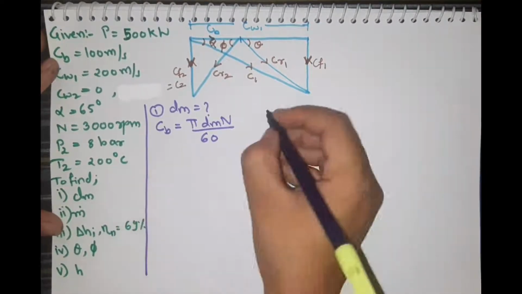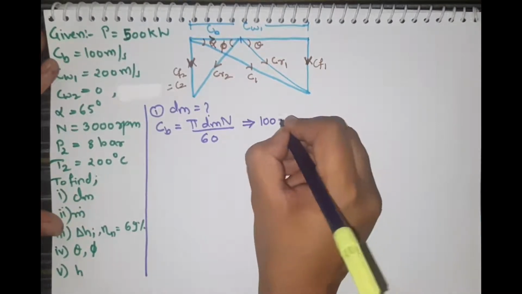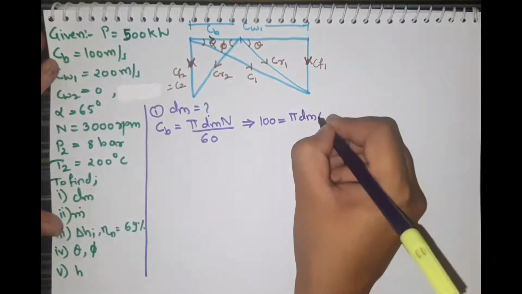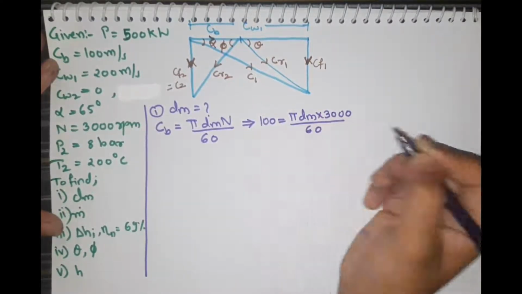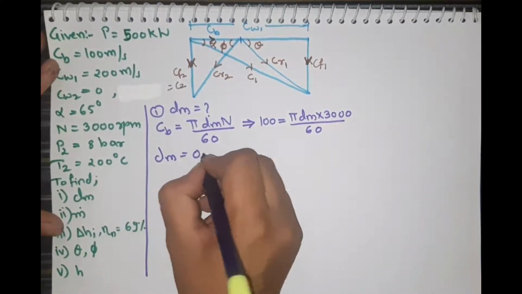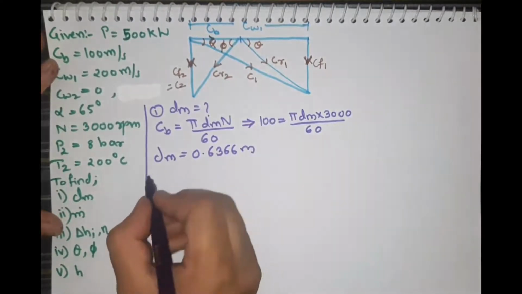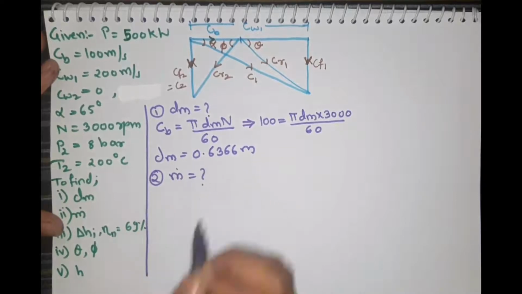Now if we put all these values over here, we will get dm equal to 0.6366 meter.